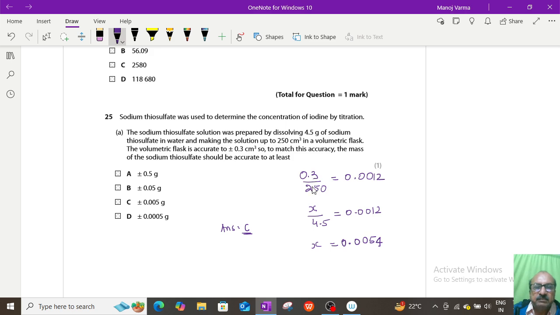So the relative uncertainty should match. That means the relative uncertainty for the mass should also be 0.0012. If we take 4.5 gram, what should be the uncertainty? Let it be x, but it should be equal to 0.0012. So the value of x, if you multiply, you get 0.0054.